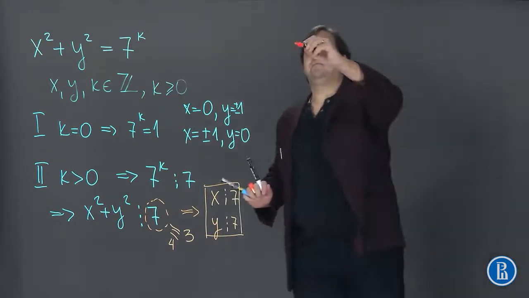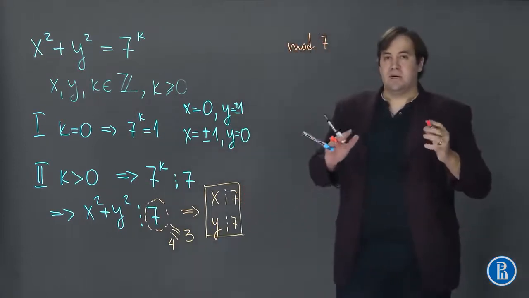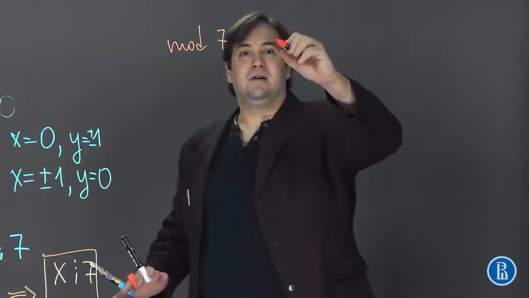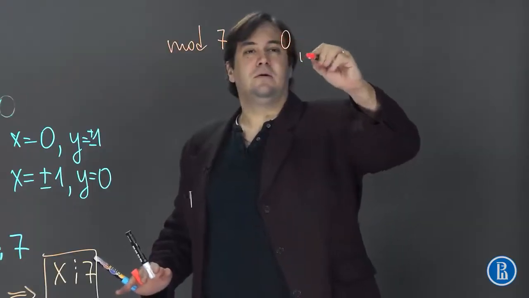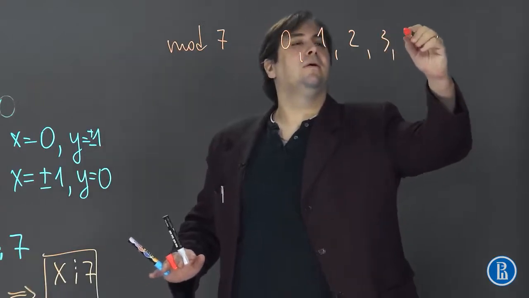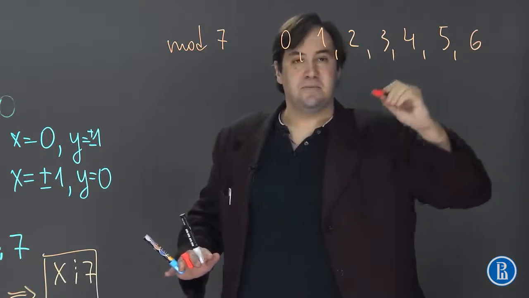Well, indeed, modulo 7, there are 7 possible remainders: 0, 1, 2, 3, 4, 5, and 6.